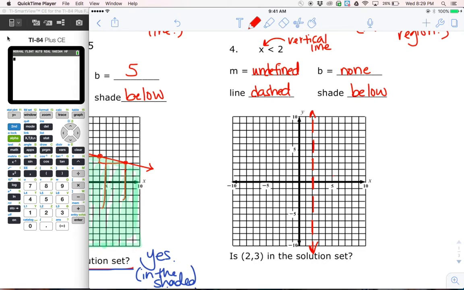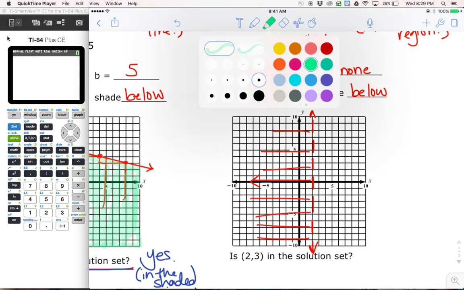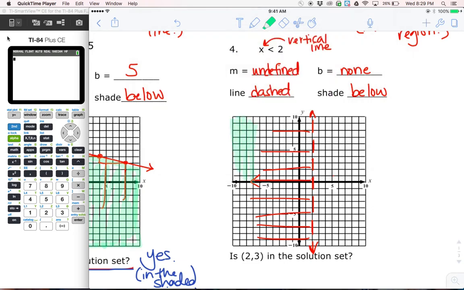Well, x's get smaller in this direction, right? So this right here is where x's are less than 2. Because this is a vertical line, we're not going to shade below, because it doesn't work in this example. We get to shade to the left. I'm going to say to the left in this example.